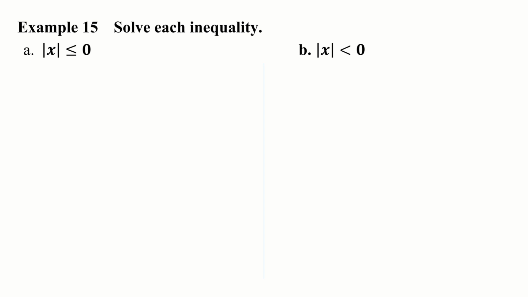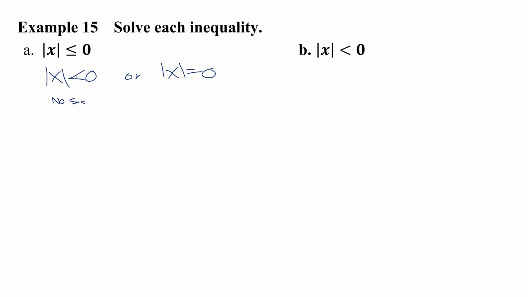All right. How about this one? You're looking for numbers whose distance from 0 is less than or equal to 0. If you break this up as two statements, because it is two statements, one of them is absolute value of x is less than 0, or absolute value of x equals 0. This part will give you no solution.